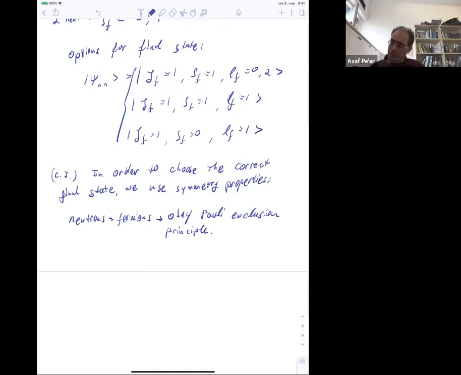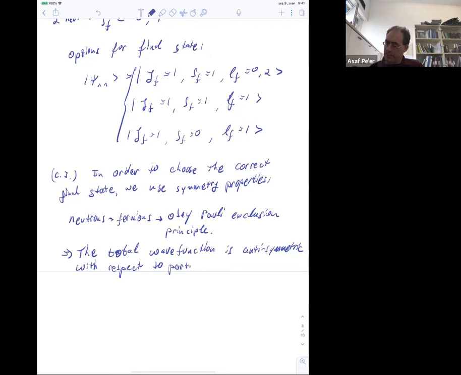So the total wave function is anti-symmetric with respect to particle exchange. So the question now is which of the three options we have gives us an anti-symmetric wave function.